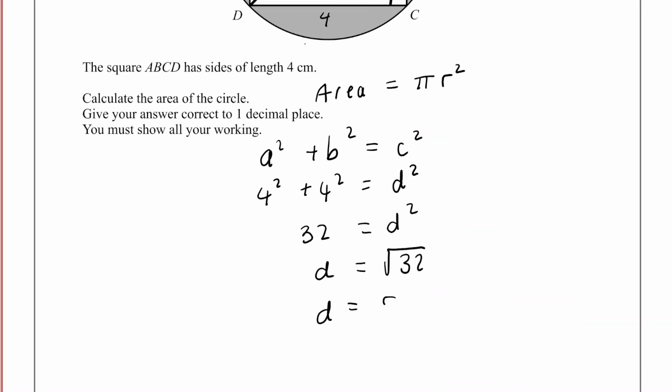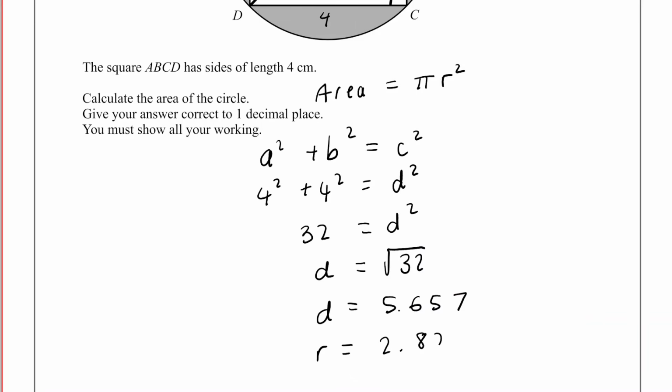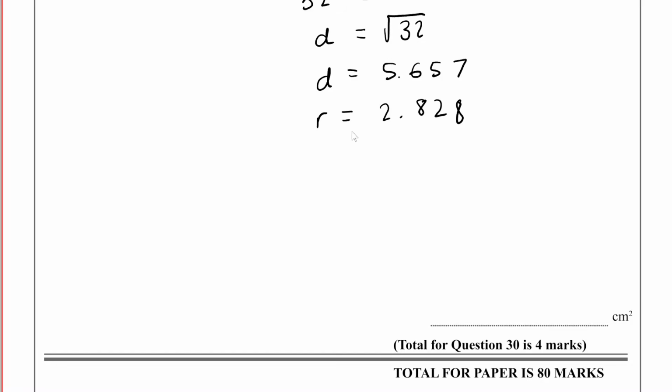The diameter is 5.657. The radius is half of that number. Divide it by 2, 2.828. So we want the area, which is pi times the radius squared.